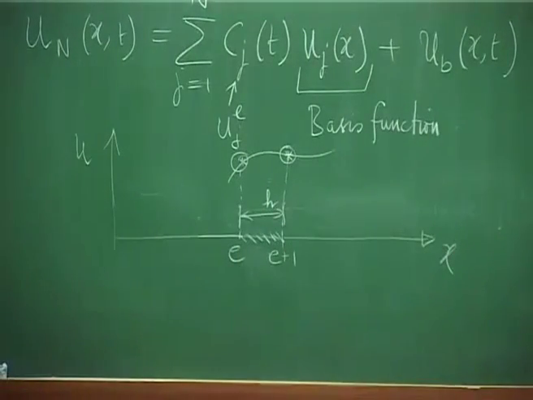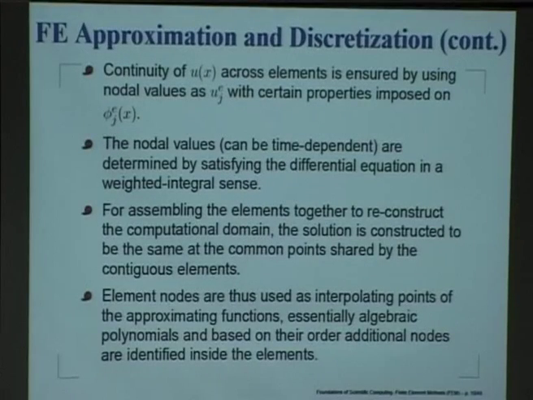That is what is talked about here, that we have continuity of the solution, and that is ensured by picking up the nodal values as uj. Okay, and then of course we need to put some additional constraints on these basis functions that we will see case by case.